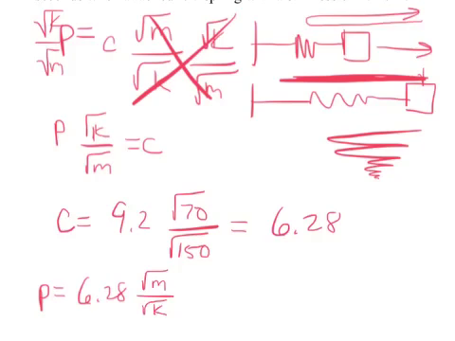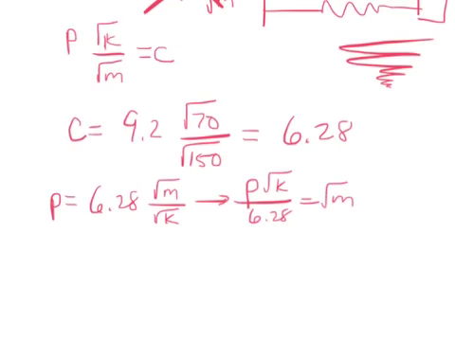Now, we want to know what mass would give us these oscillations. So we're solving for m. Let's multiply by root k and divide by 6.28. But you'll notice that that gives us root m. Our goal in this problem is not to solve for root m, but to solve for m. To get rid of that, all we need to do is square both sides of the equation.